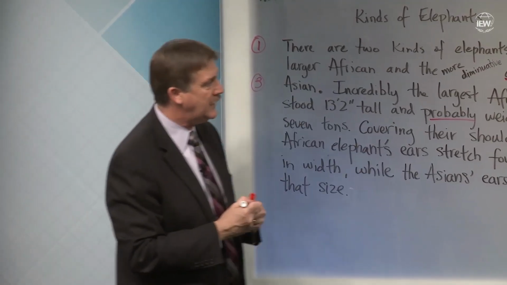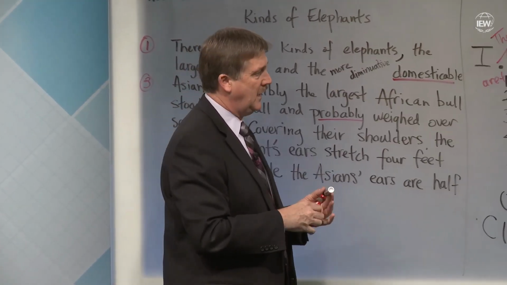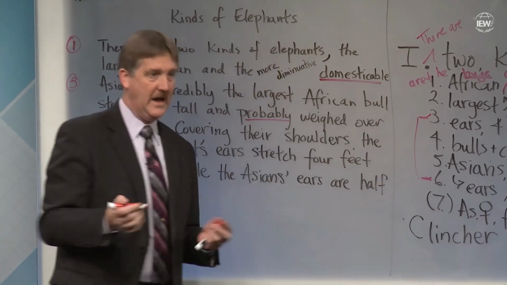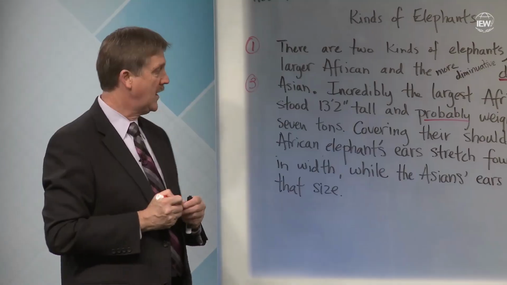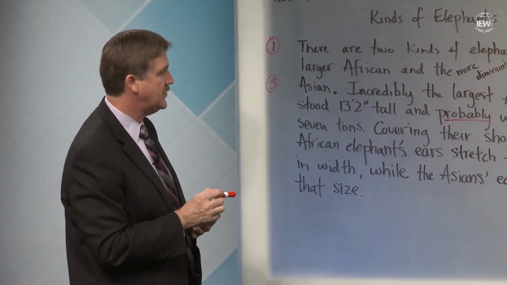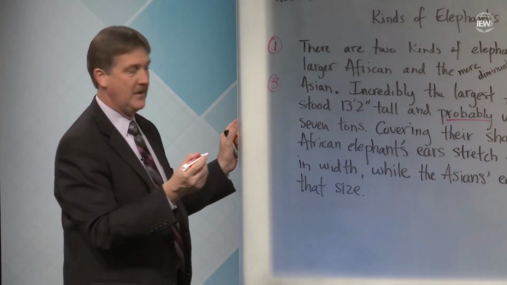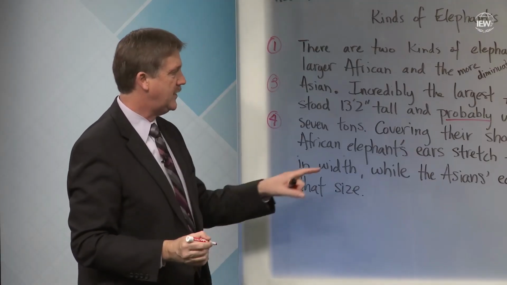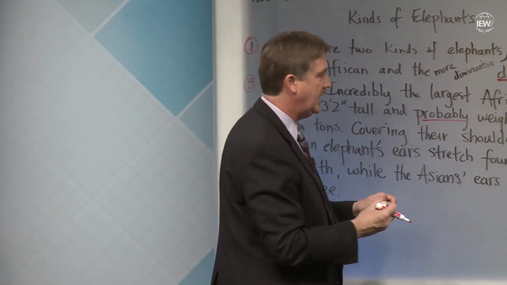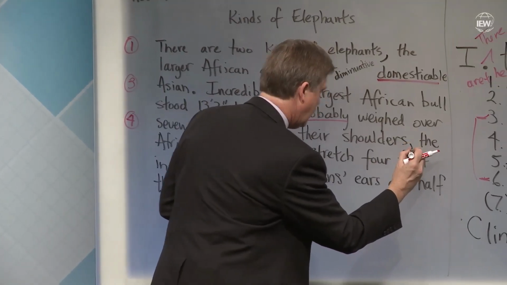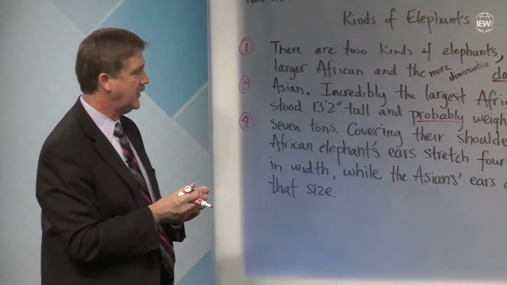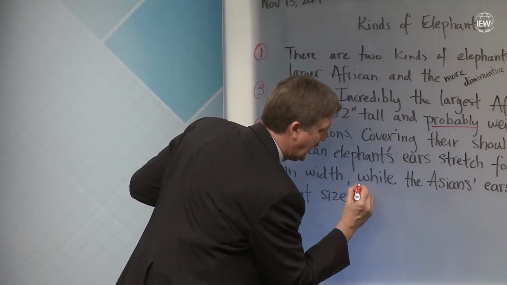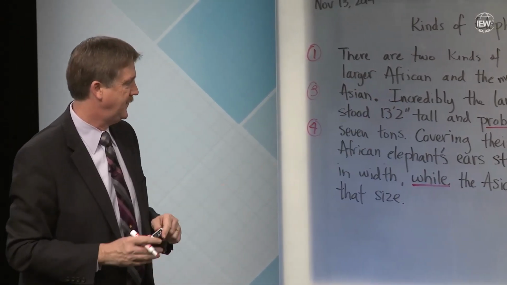Okay, very nice. So what we did was we kind of reorganized, right? We said, okay, let's put the ear thingy and this ear thingy together, and that makes more sense, doesn't it? Also, this gives us what sentence opener? Number 4, ING there. We check and be sure the thing after the comma is the thing doing the ING. So the African elephant's ears are covering the shoulders, and you gave us a lovely adverb clause with the word while.